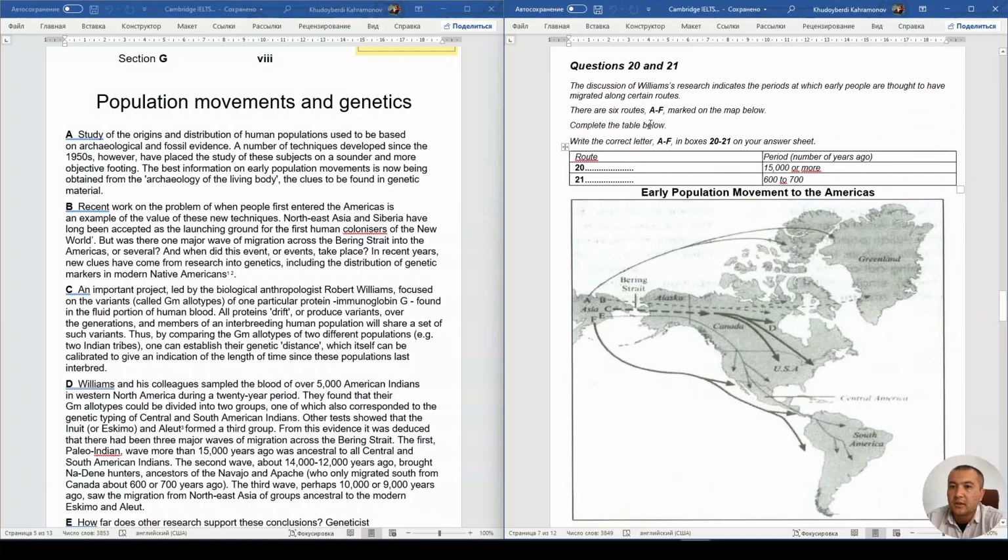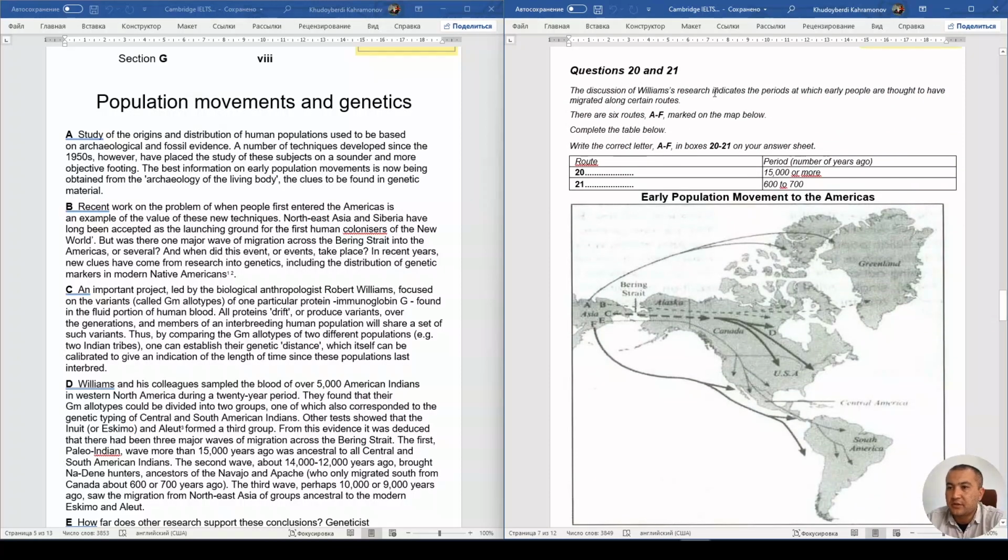The discussion of Williams' research indicates the period at which early people are thought to have migrated along certain routes. There are 6 routes, A to F, marked on the map below. Complete the table below. Write the correct letter A to F in boxes 20 to 22 on your answer sheet.